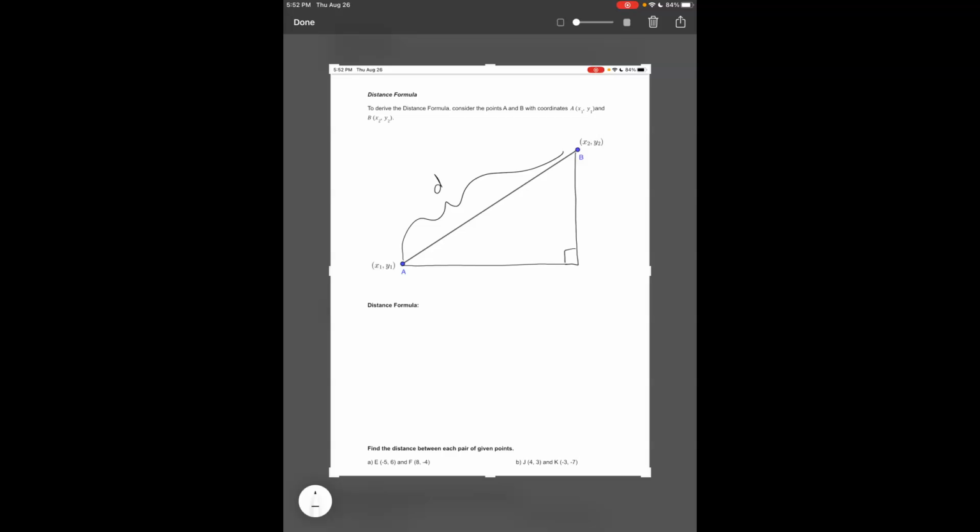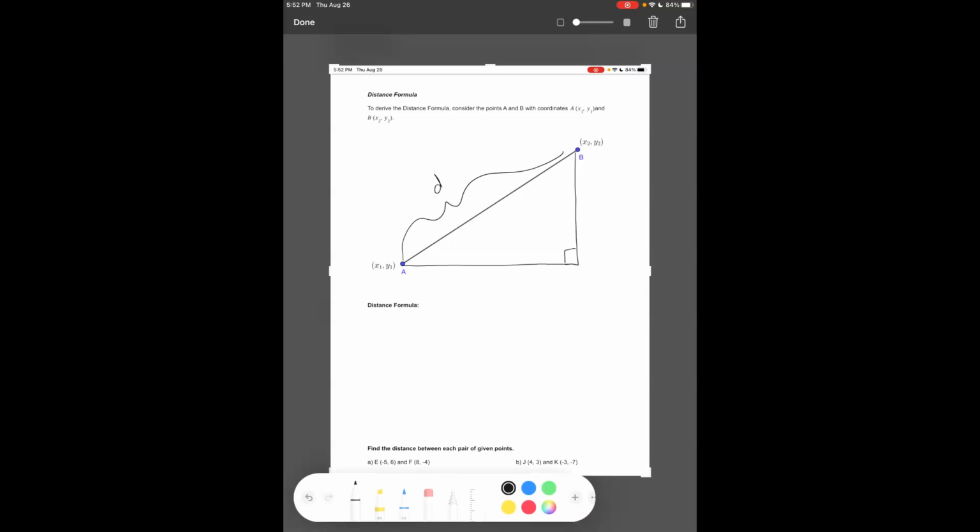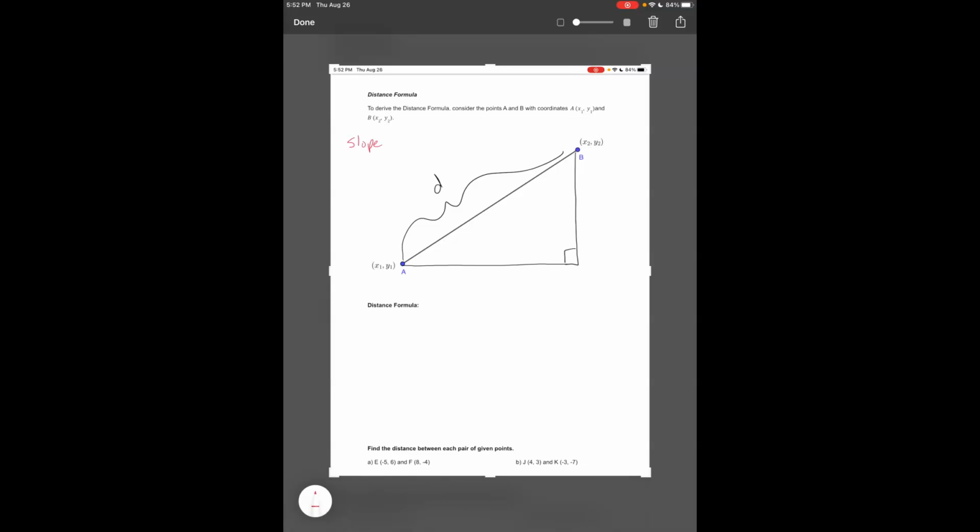Okay, so now we have to remember from Algebra 1 a couple things about slope. So if you recall, slope, which I'm going to write up here in the top left, is rise over run. Rise being our vertical piece, so the rise will be the vertical piece that starts at B and drops down to the 90-degree angle. The run is the horizontal piece that starts at point A and runs over to the right, to that right angle, excuse me.